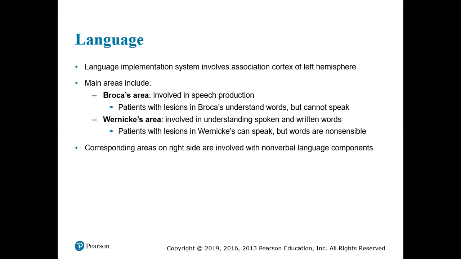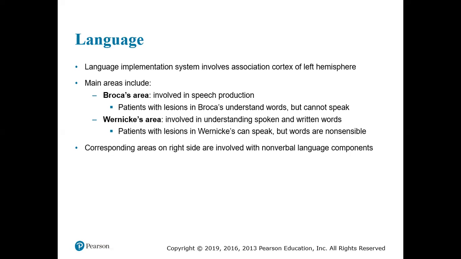Broca's area is involved in the production of speech. If we have a lesion in Broca's area, they might understand, but they can't speak. Whereas Wernicke's area is the understanding. So patients with lesions in Wernicke's may be able to speak, but they won't make sense.